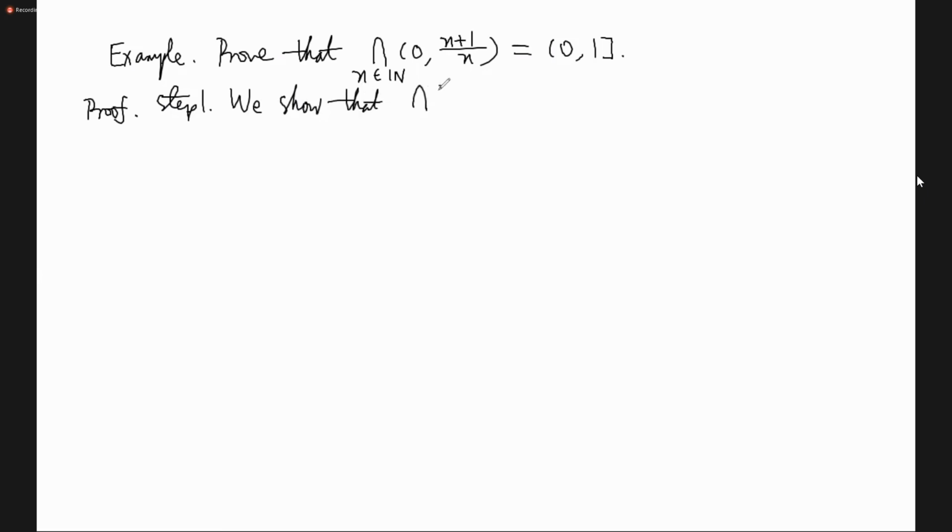the intersection is containing (0, 1]. Okay, to show the intersection is containing here, you need to take an arbitrary element x in the intersection.